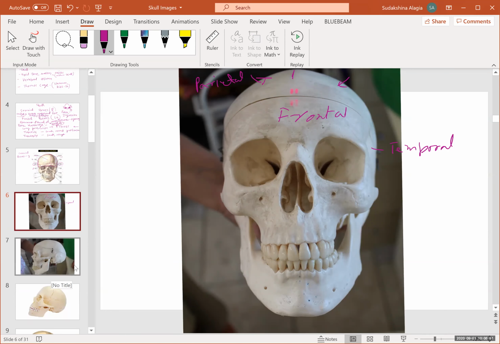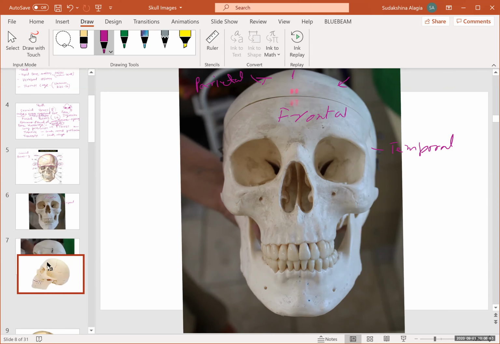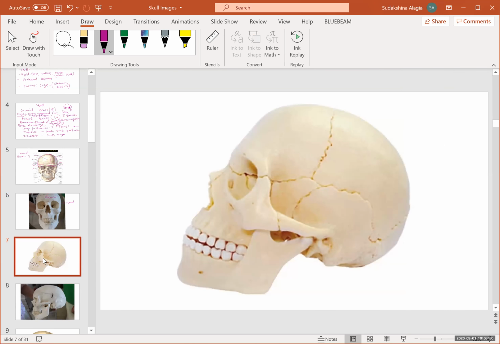Let me bring this one up here. Slide 8 before slide 7 for demo. This is another image that I got from the web. This one shows you the delineation of the bones. This is the left lateral side, so this lateral and medial will come in handy now. We're looking at the left lateral aspect of the skull. Frontal, parietal.